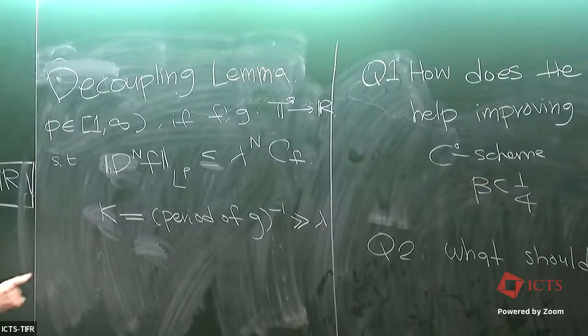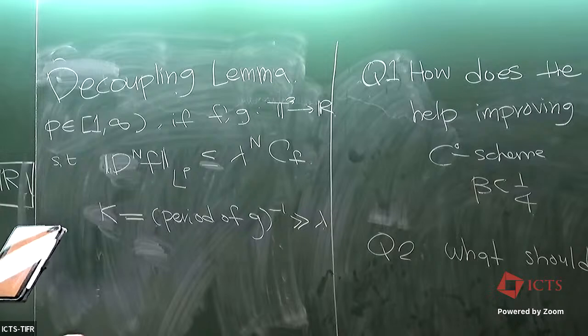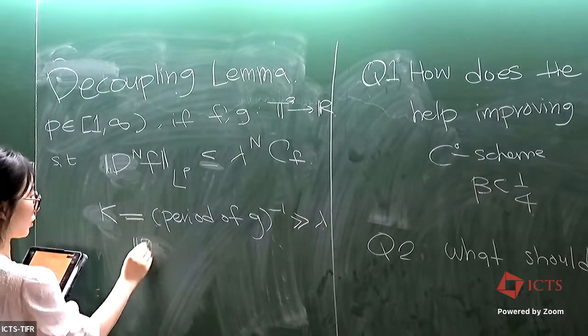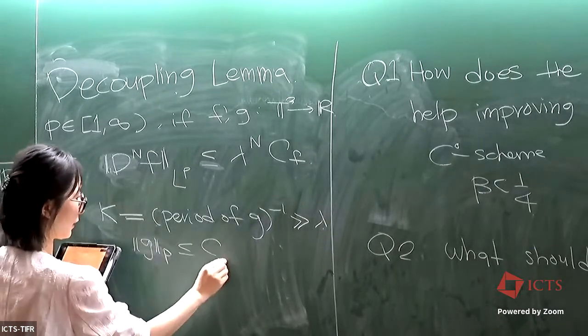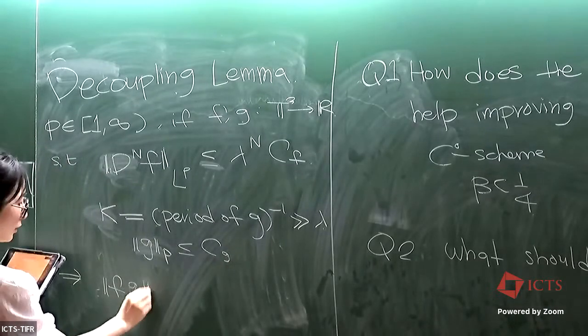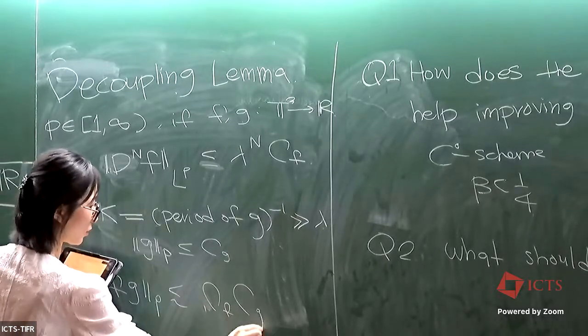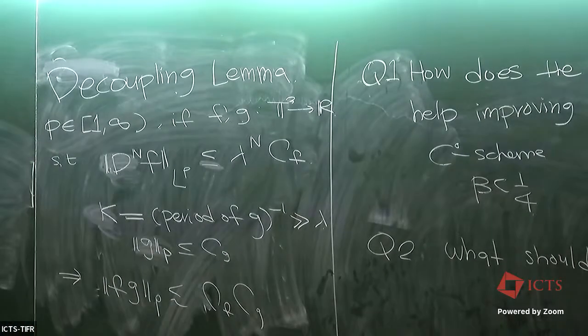Roughly speaking, g has a higher frequency. And then also the g L^p norm is bounded by C_g. Then you can show the fg L^p norm is bounded by C_f times C_g. Yeah, you can consider it like that.